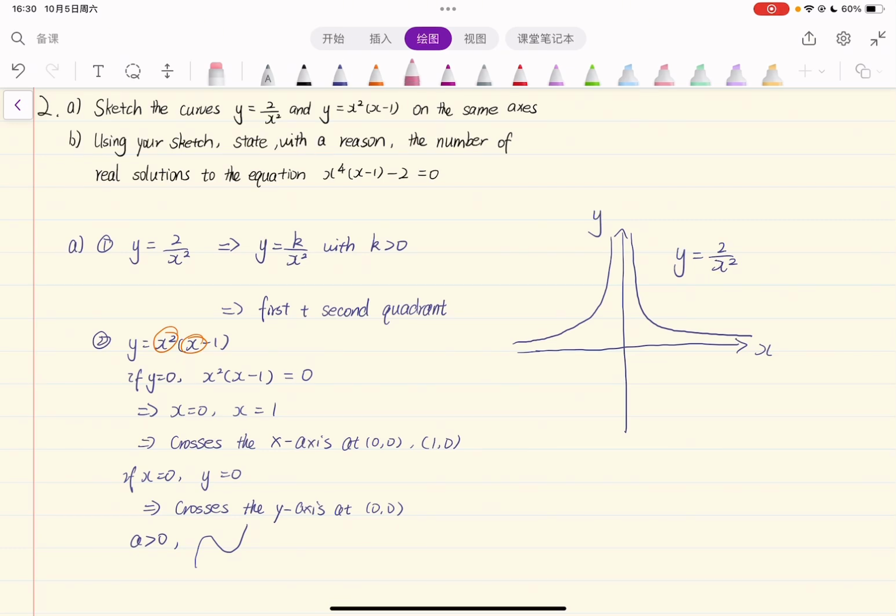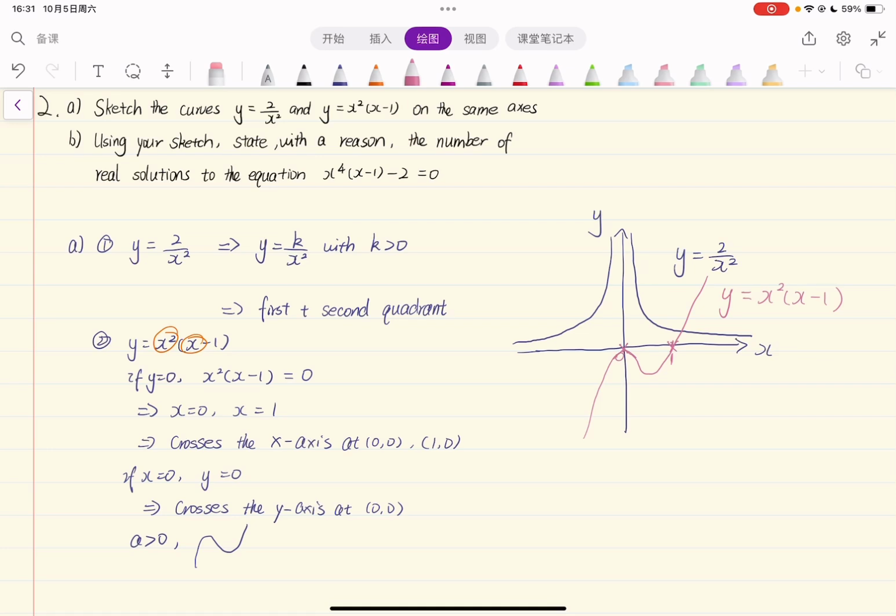And now let me change the color to draw the second one. We have y equals x squared times (x minus 1). It crosses the x-axis at (0, 0) and (1, 0), and crosses the y-axis at (0, 0). We know the shape, so we can sketch that. That is y equals x squared times (x minus 1). So we have done part A.